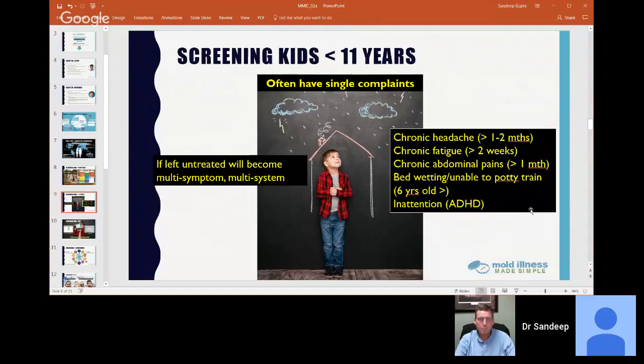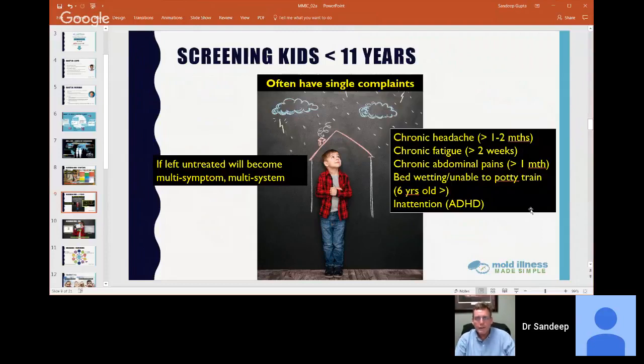However, Dr. McMahon, when we were talking recently, you said that it often does start in children with just one bodily system. So maybe could you talk a little bit more around how children under 11 years may present and how that's different to adults?